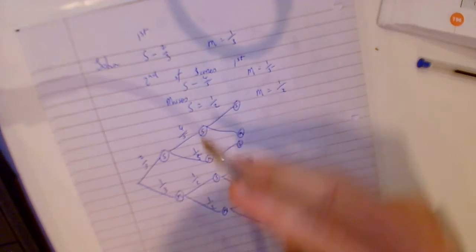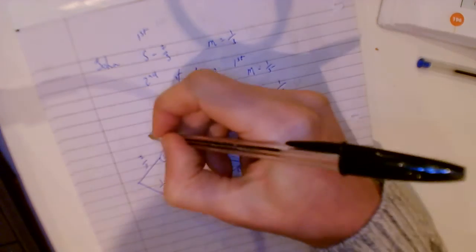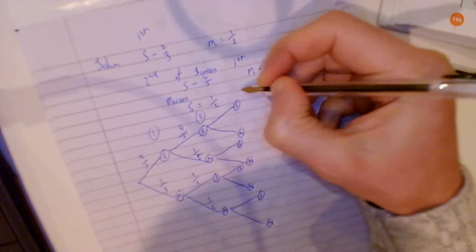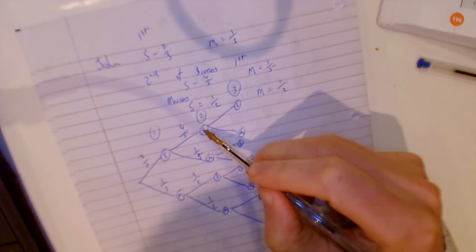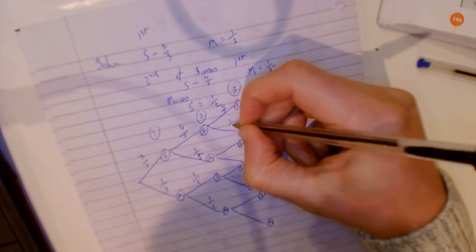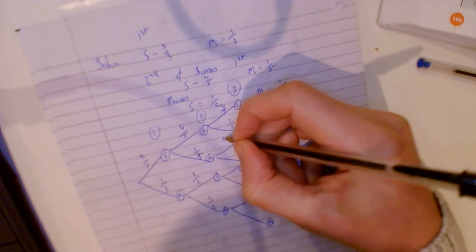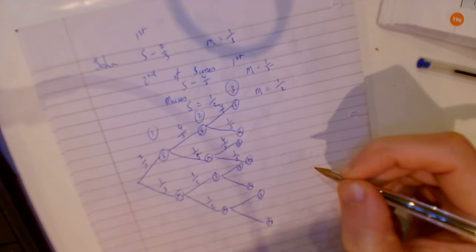Now, this one again goes to the third time. So this is the first penalty, this is the second penalty, this is the third penalty. The third penalty, he scored the previous one, so he's got a 4/5 chance, and he's got a 1/5 chance here. This one, he's got a 4/5 chance, and he's got a 1/5 chance.